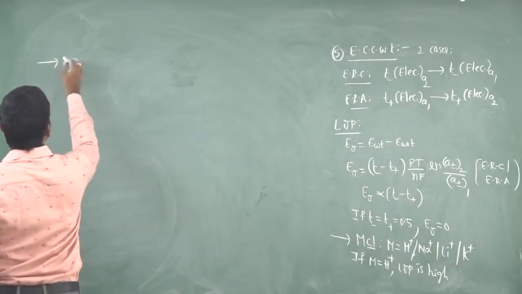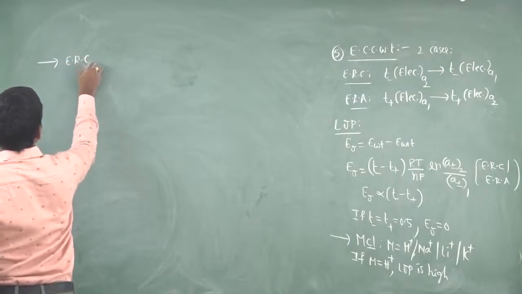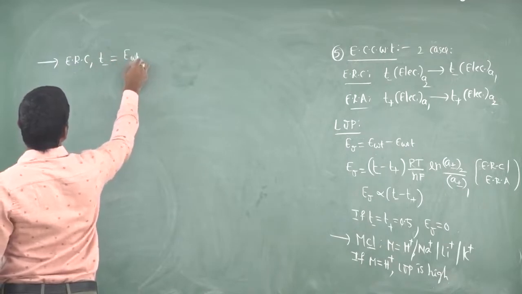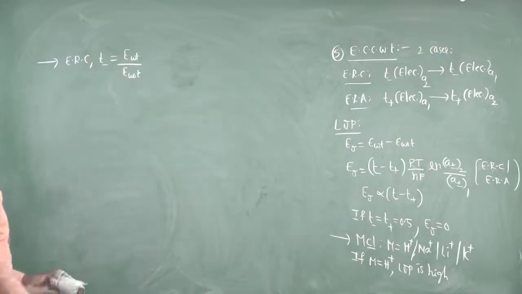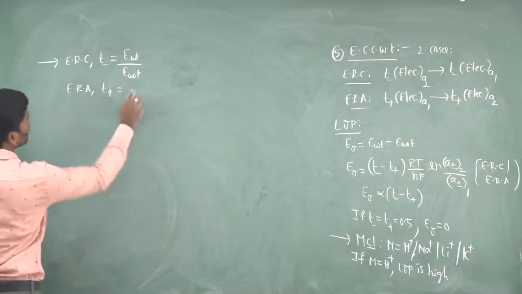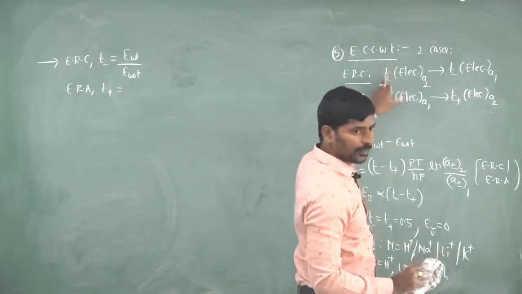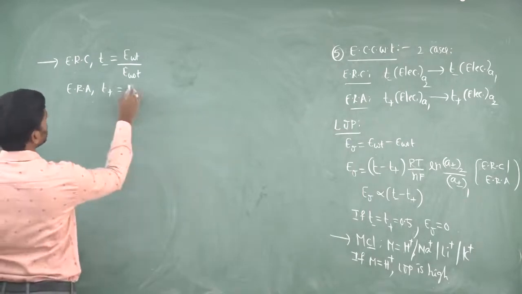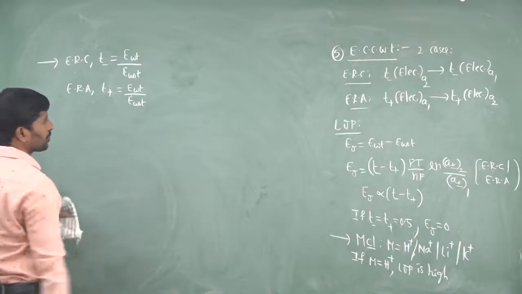Next we discussed determination of transport numbers also. If the electrode is reversible to cation, we get the transport number of anion, T minus, from E with transference by E without transference. If the electrode is reversible to anion, we get T plus.